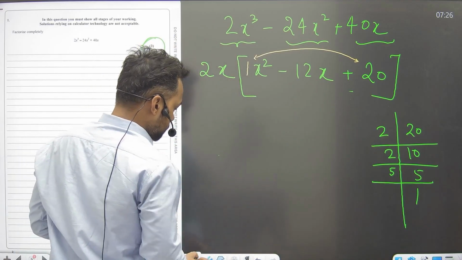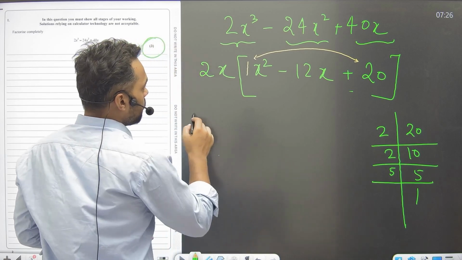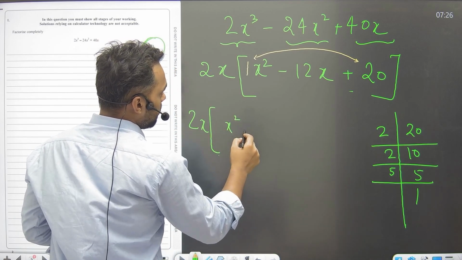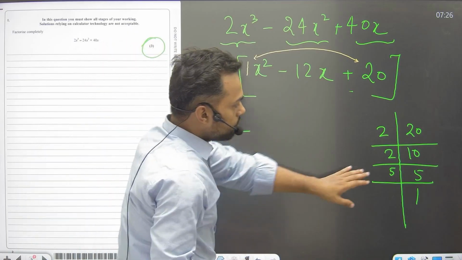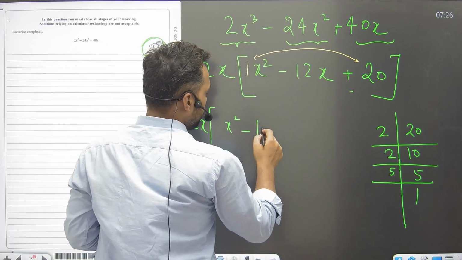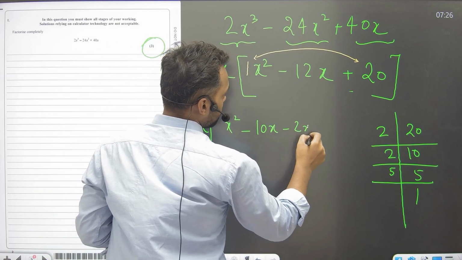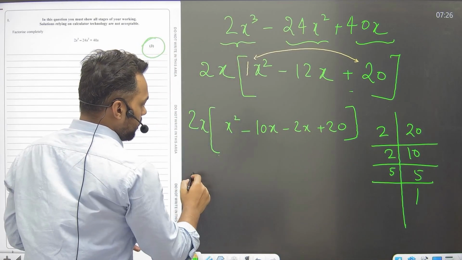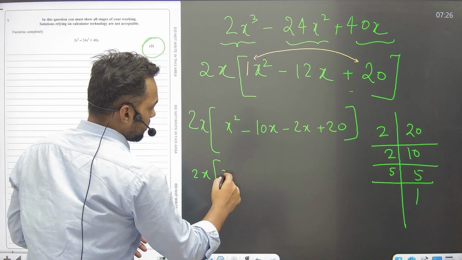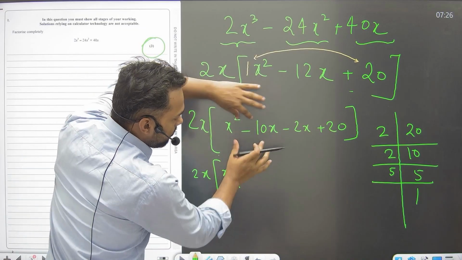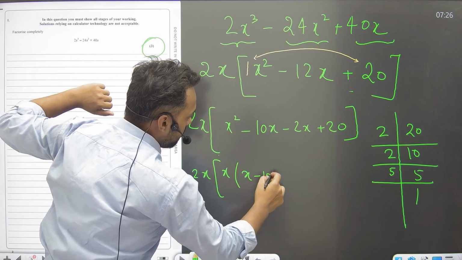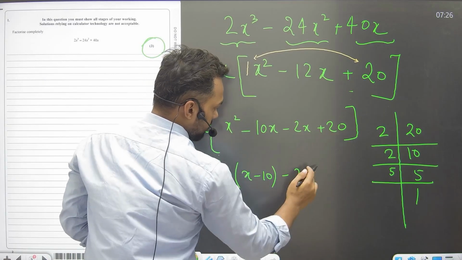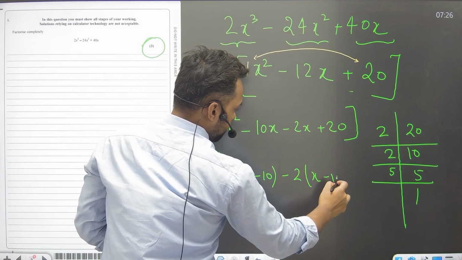2x is common here, and inside we have x^2 - 12x + 20. So -12x can be written as -10x - 2x, plus 20. Now I take x common from the first part, so you get x(x - 10), and -2 common from the second part, so you get -2(x - 10).